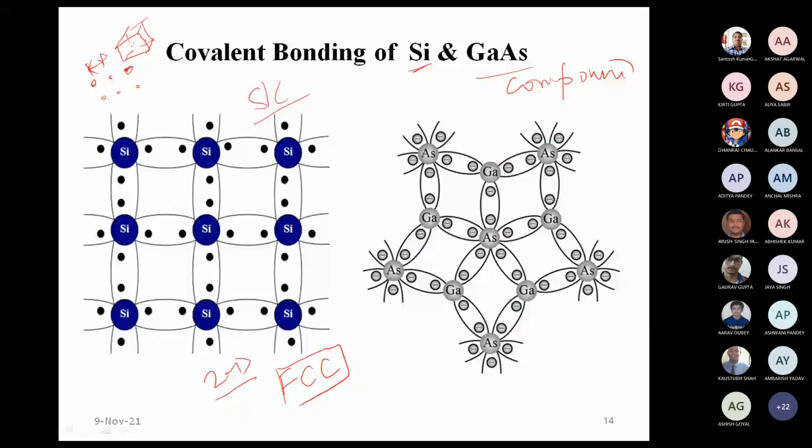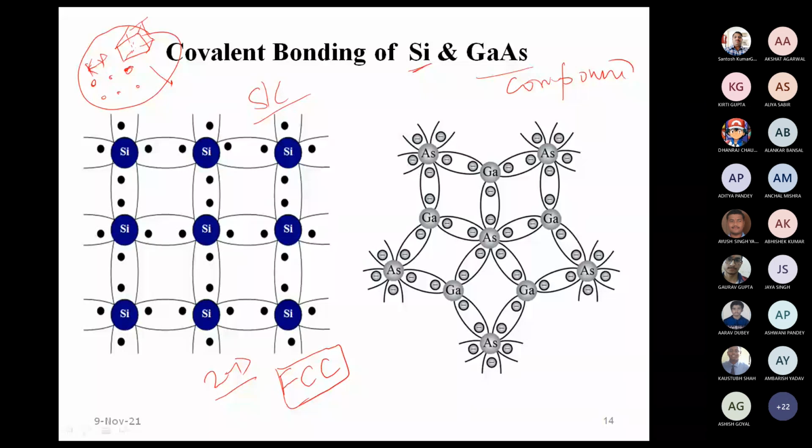There are different crystal structures we might have studied, the simple cubic, the face centered cubic. Silicon is said to have a diamond structure, which is nothing but two FCC lattices intersecting each other.